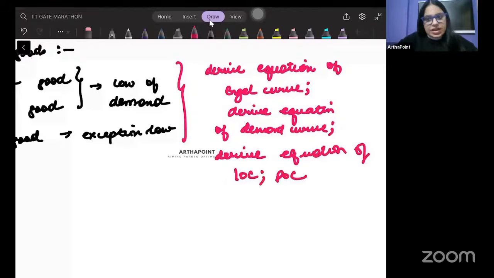Like that, they can ask you in the exam. They can give you 4 options and ask, which of the following represents the equation of the Engel curve?